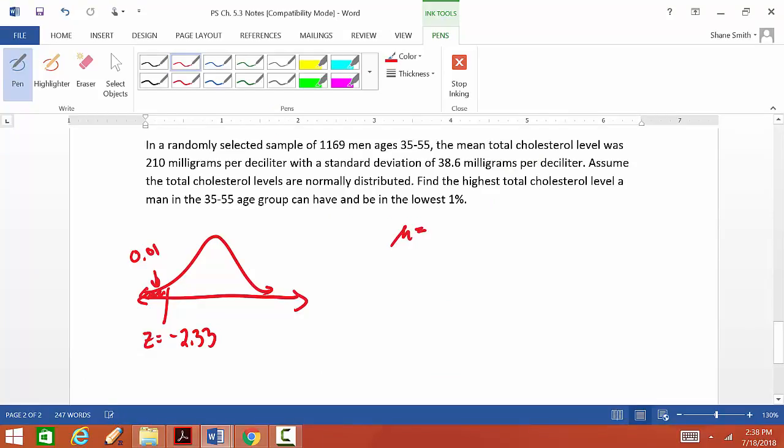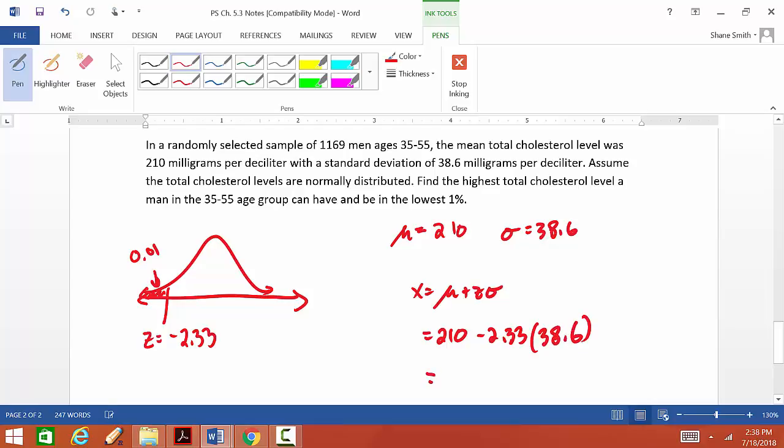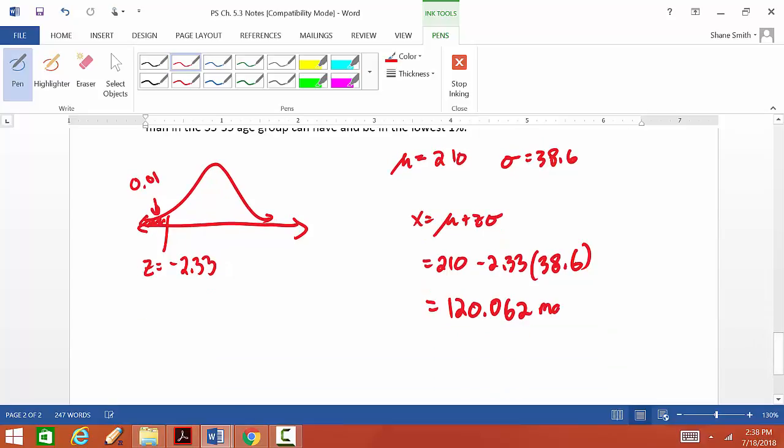And our mean from the problem we know is 210. Our standard deviation is 38.6. So x equals mu plus z sigma. The mean is 210, and with the z-score and standard deviation, we end up getting 120.062. And this is milligrams per deciliter.